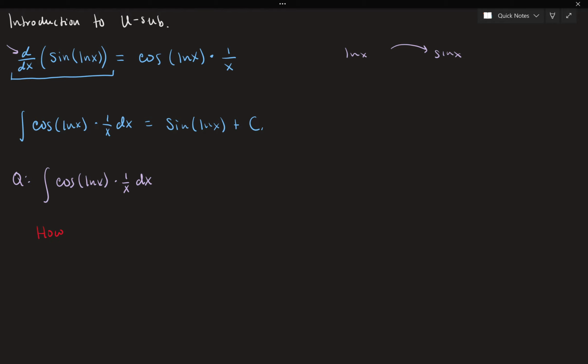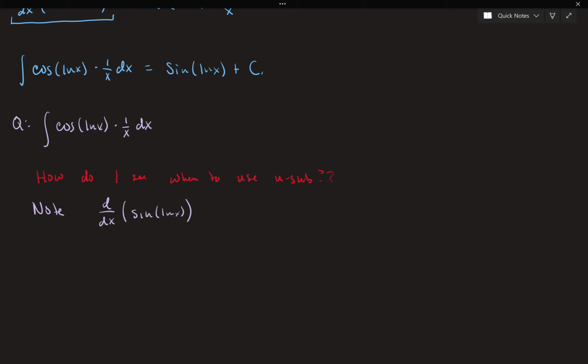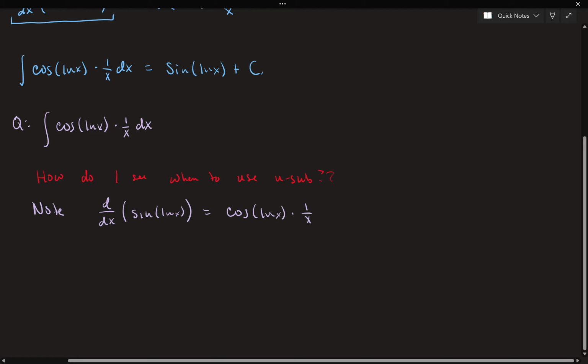So, how do I see when to use U-sub? We're not going to talk about actually doing it. We're going to do a baby example like this, but we're not going to talk about actually doing it until the next couple of videos. So first, how do I see when to use it? Well, note that every chain rule derivative problem has multiplication. So there are two things that I see in this answer.